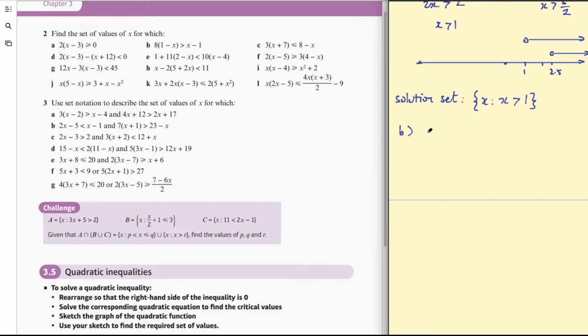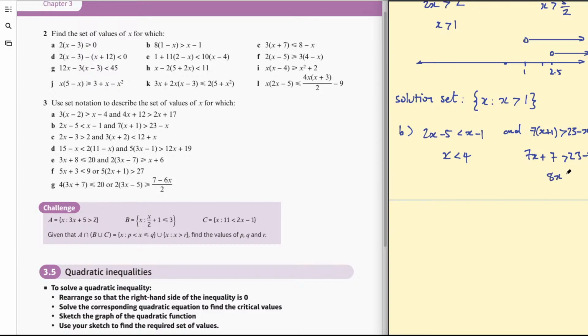Part B, 2x take 5 less than x take 1, and 7x plus 1 greater than 23 take x. This is x less than 4. And over here we have 7x plus 7 greater than 23, take x.